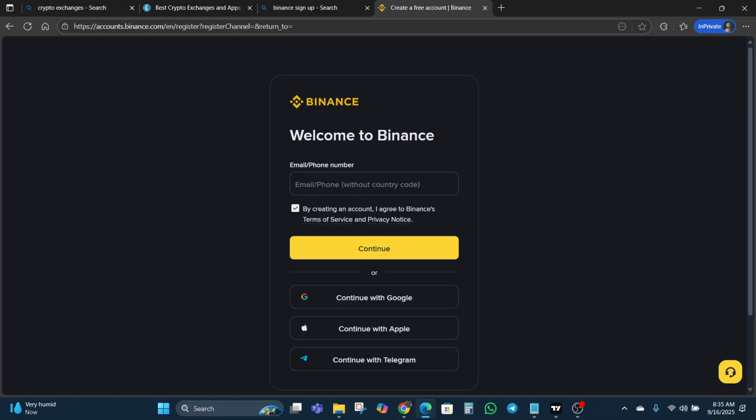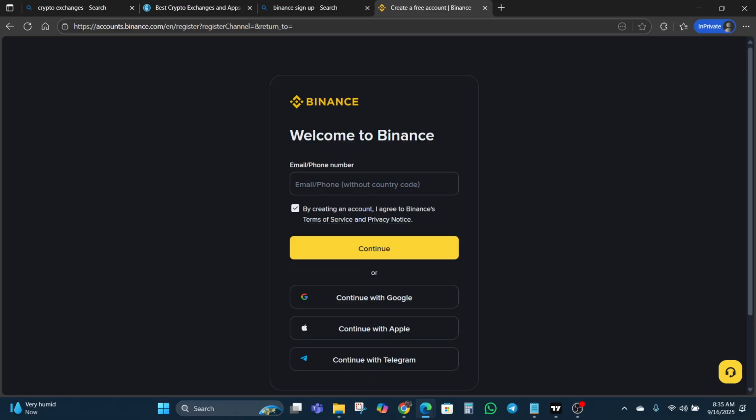Now, after you must have already signed up, because this is a centralized exchange, you have to go through identity verification, also known as KYC, which stands for Know Your Customer.